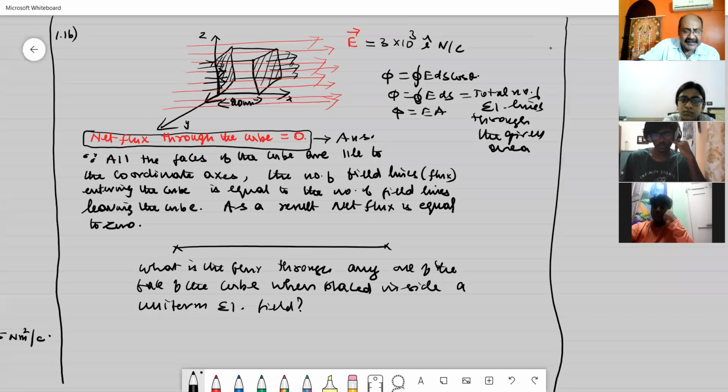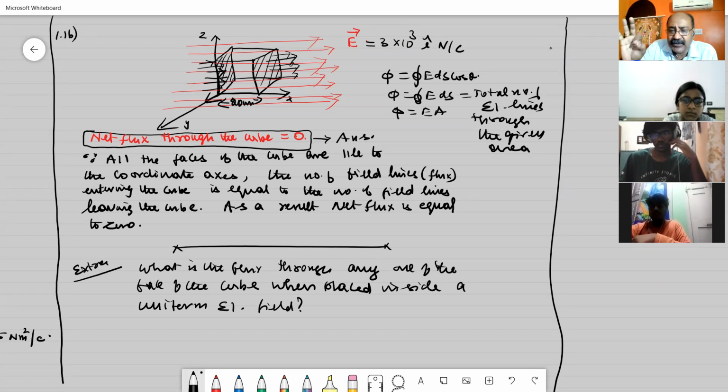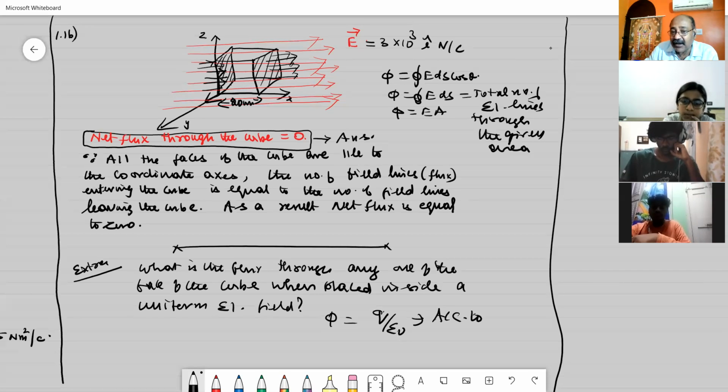See, let us consider one more question, an extra question. What is the flux through any one face of the cube when it is placed inside a uniform electric field? If that is the case, when you are considering Gauss law, the flux available is Q by epsilon 0. This is according to Gauss law.